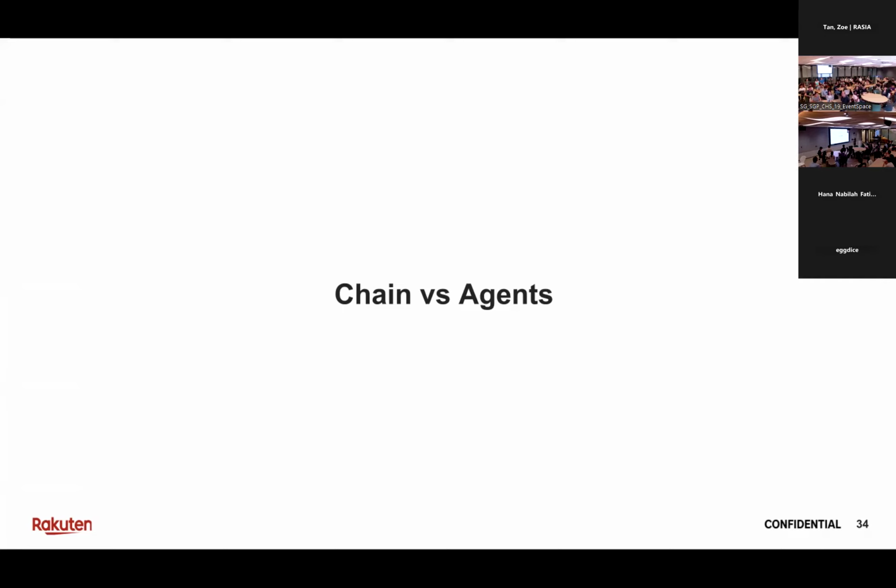So if you already know the procedure that you want your models to follow, chain is great for that, whereas agents is more about what kind of tools you want your AI agent to have, and they're not really a procedure. So let's say I want my agent to be able to translate, to be able to fetch data, then you can do that. But it's not like chain where the steps are defined, like in the sequential chain example that we have shown.